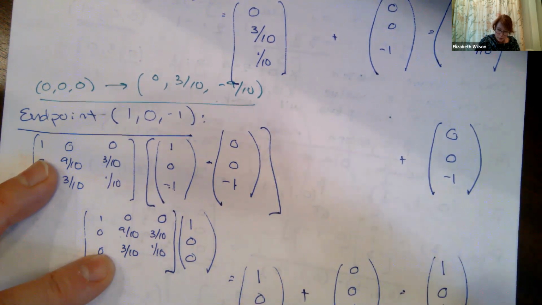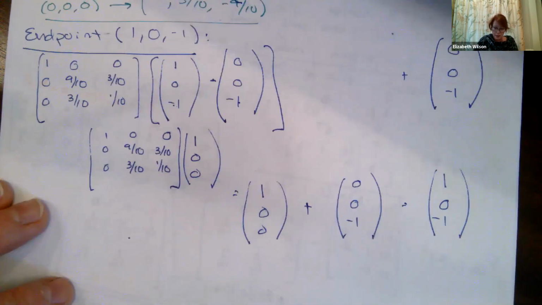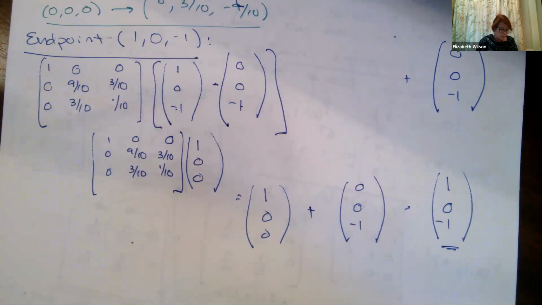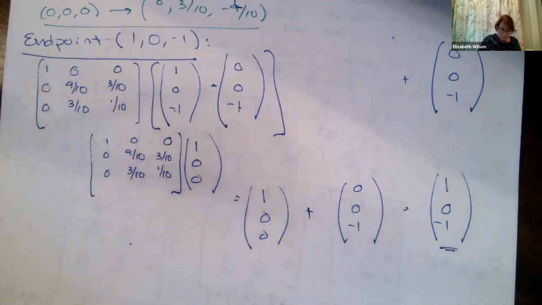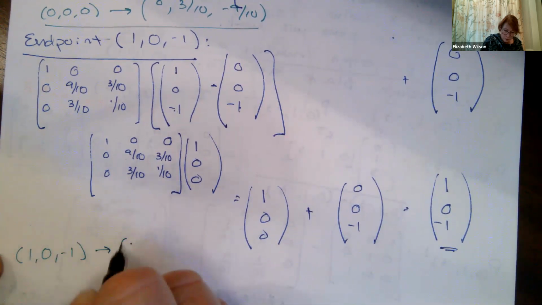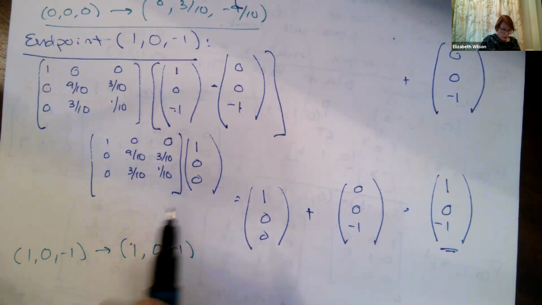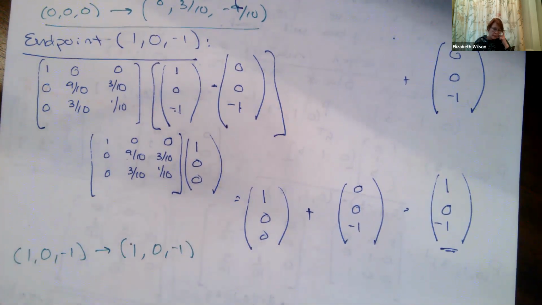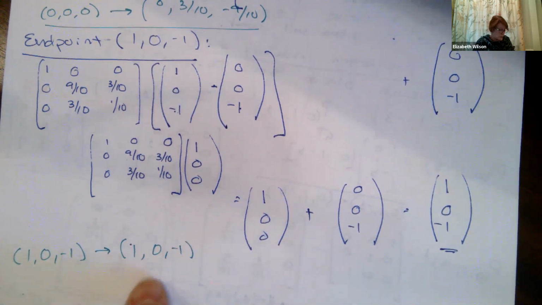Ooh, it didn't change. Let's take a look at that. That's okay, right? 1, 0, minus 1. It didn't change, and it didn't change because this is actually a point that's already on the plane.